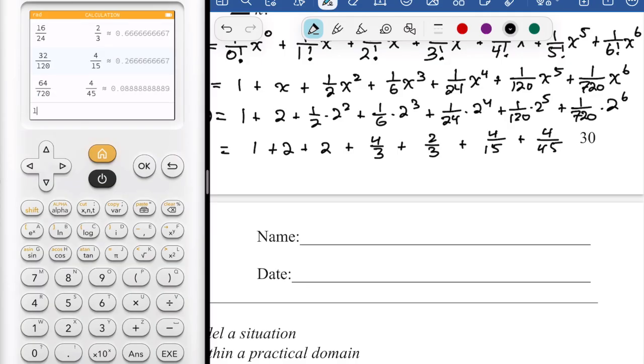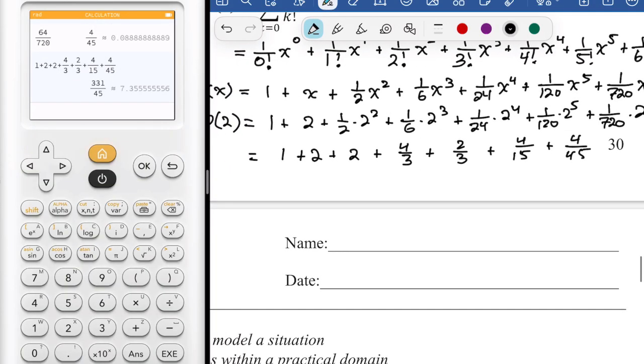So I would just add all these numbers up. 1 plus 2 plus 2 plus 4/3 plus 2/3 plus 4/15 plus 4 over 45. And we end up with about, well, it's 331 over 45, which is about 7.4-ish.